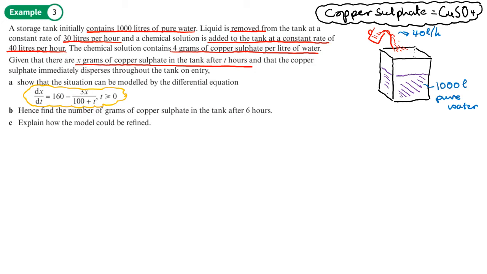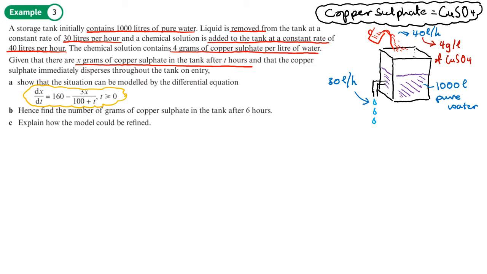So let's say there's a little tap on the side here, and water's removed from the tank. So let's do some drips there going down, and it's being removed at a rate of 30 litres per hour. And the water that's being poured in has 4 grams per litre of copper sulfate. So 4 grams per litre of CuSO4, our copper sulfate.